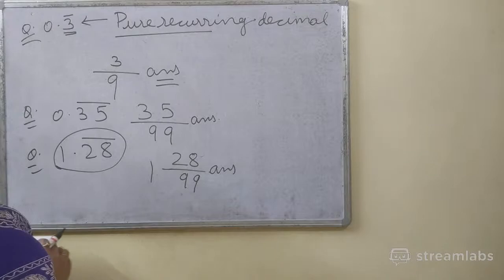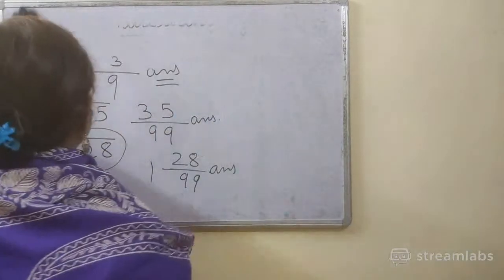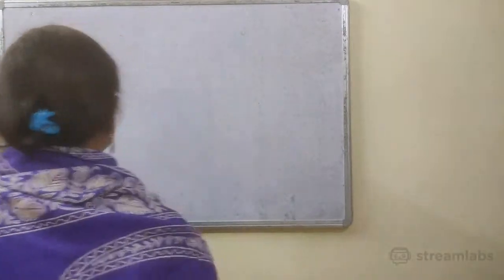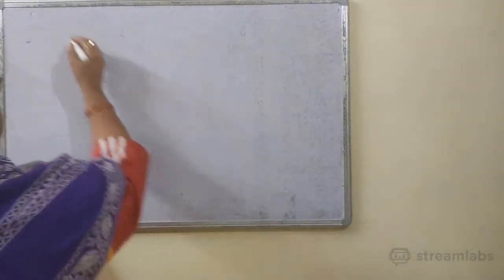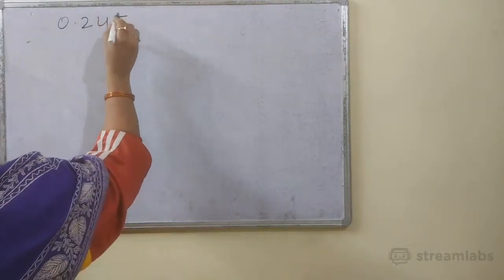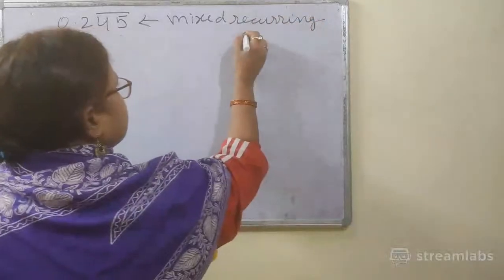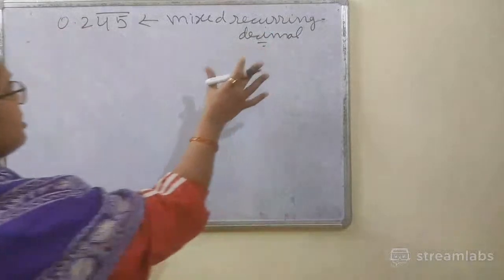Okay. Now next, if you get this type of question, let me write. 0.245 is a mixed recurring decimal. Why mixed recurring decimal?